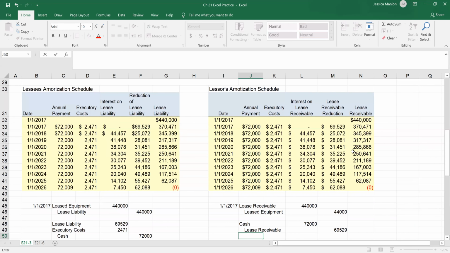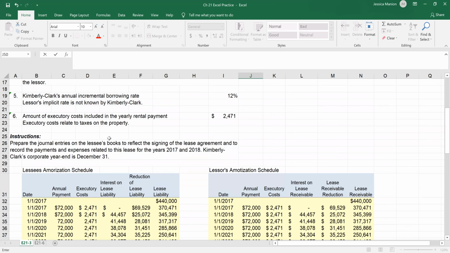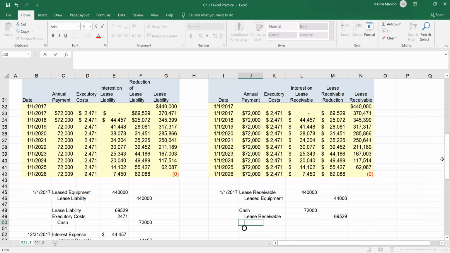And then we're crediting, because I believe those executory costs had to deal with the property taxes. Executory costs relate to taxes on the property. And so we have to credit property tax payable, 2,471.